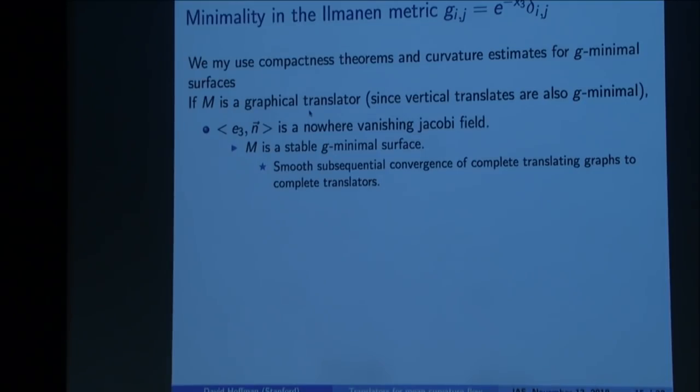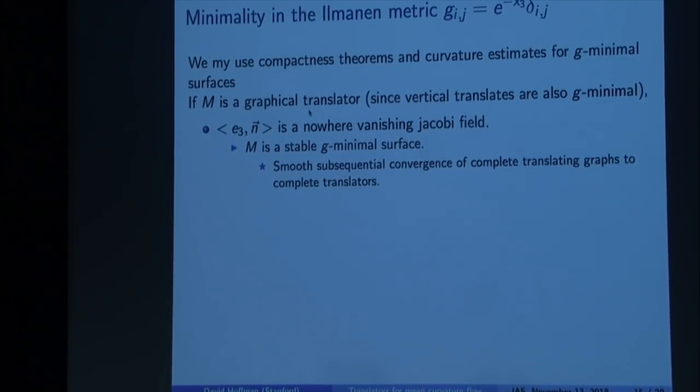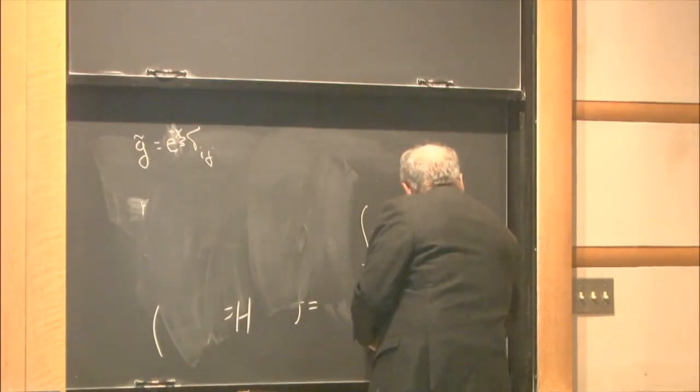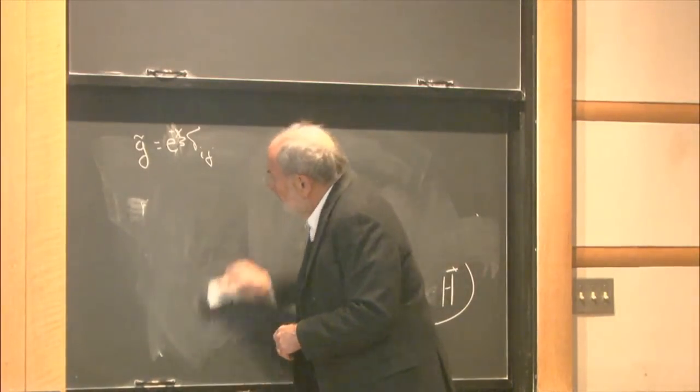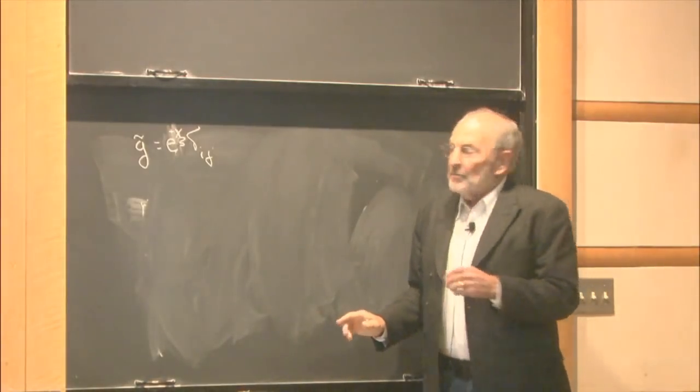Before starting off on proving this, let me tell you the techniques, what we get from this thing being minimal in that metric. So if you look at this metric, the first thing to notice is the metric is not complete.